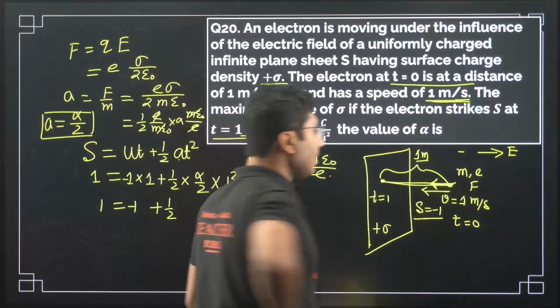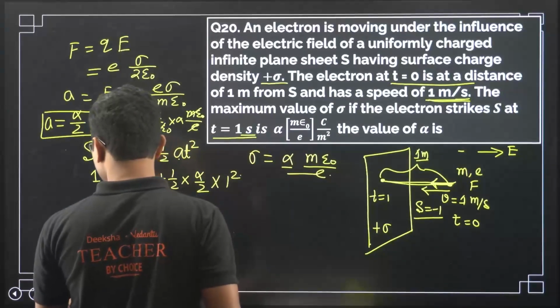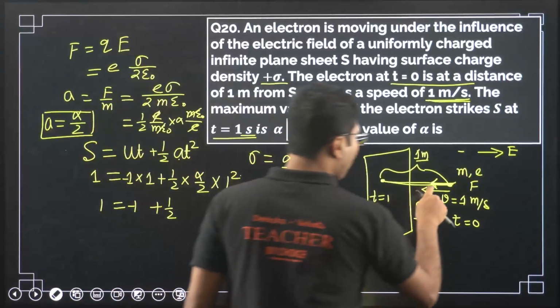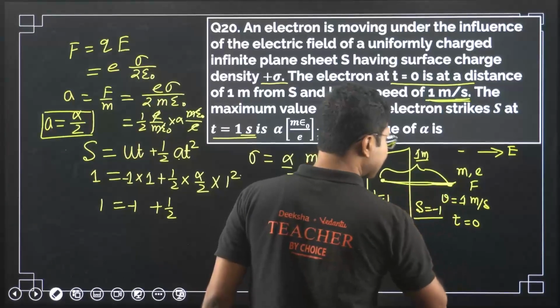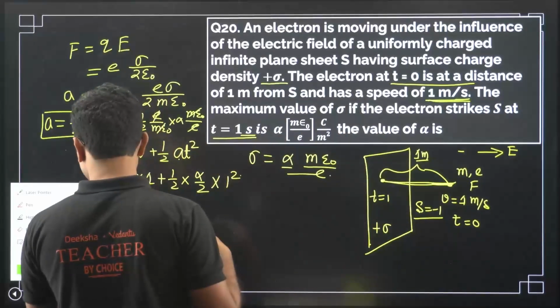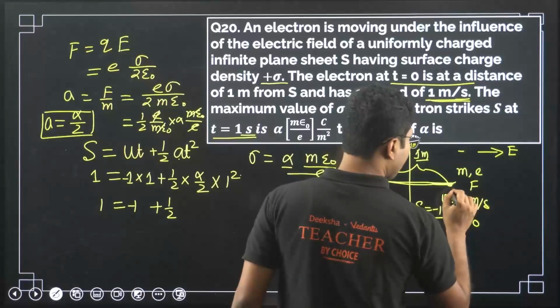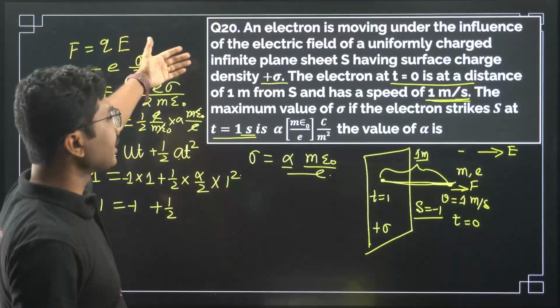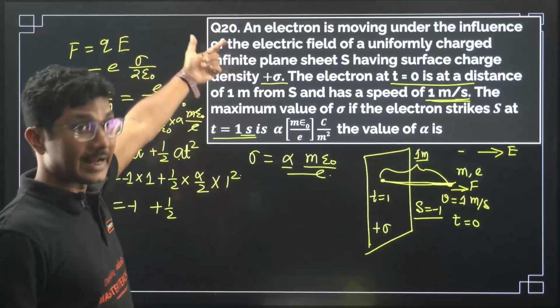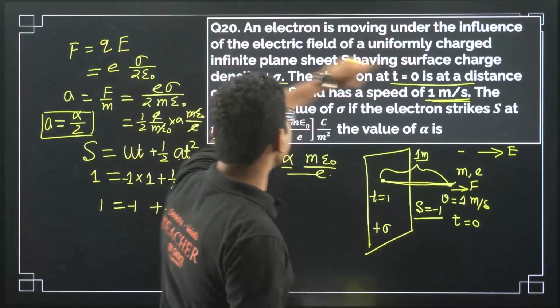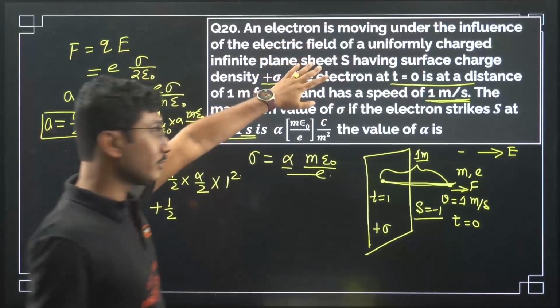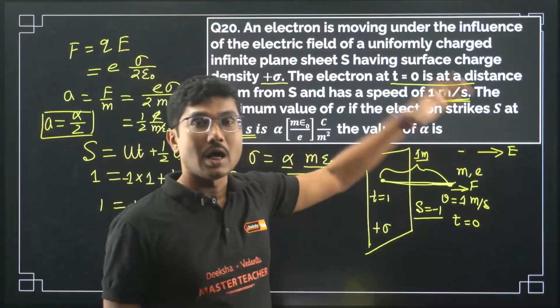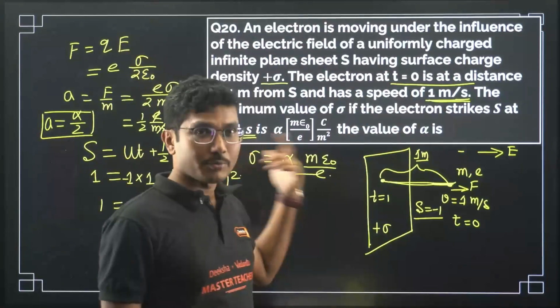But if the particle is moving in the opposite direction, and because of the electric field it gets attracted towards the sheet, okay. Now it is not mentioned which direction it is moving, under the influence of the electric field, that's what is mentioned. Towards, away from, that information is missing.